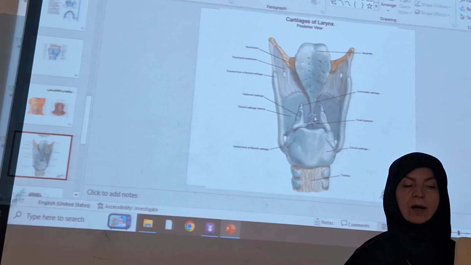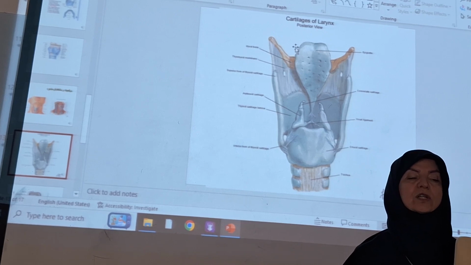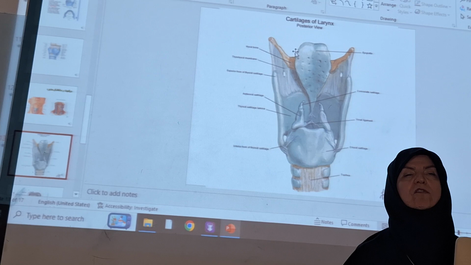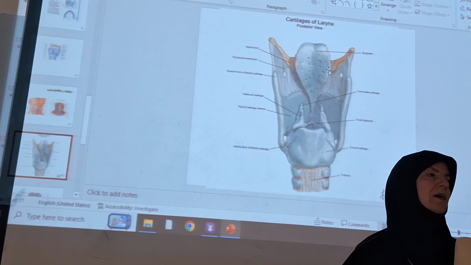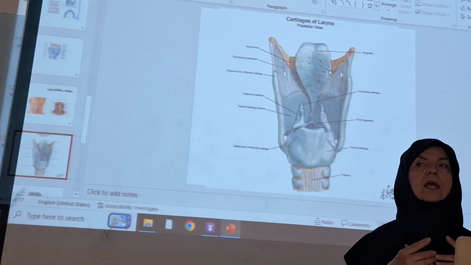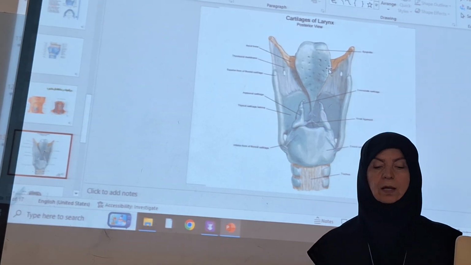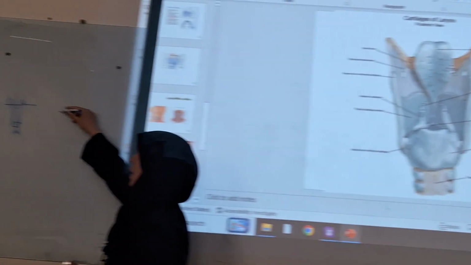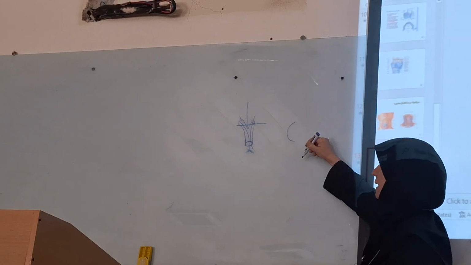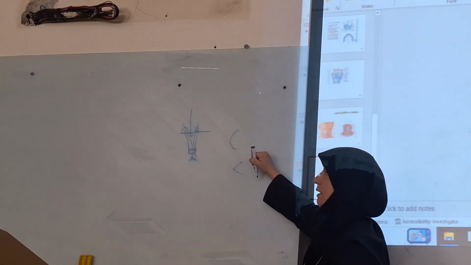This ligament we can call the thyroepiglottic ligament, and the ligament that attaches the anterior surface of the epiglottis to the posterior surface of the hyoid bone we can call the hyoepiglottic ligament.